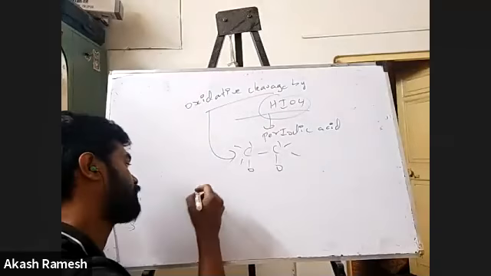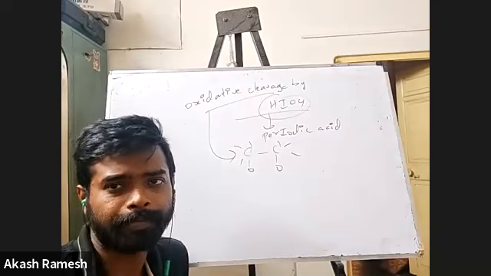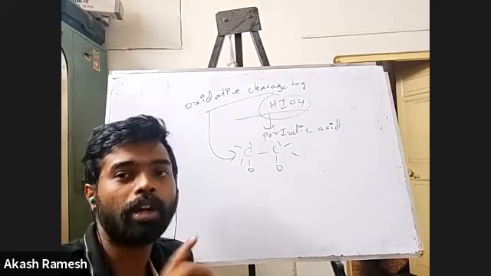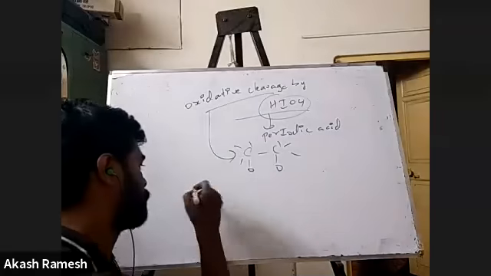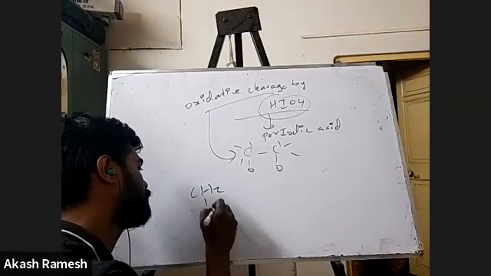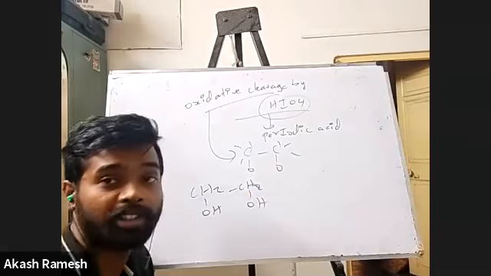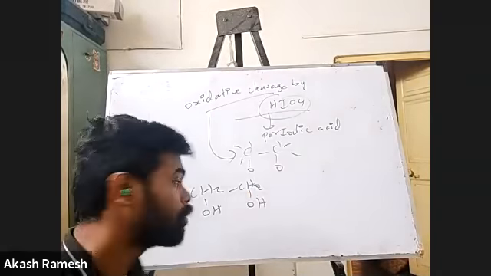Now again the mechanism is going to be a little tricky. We are not going to look into the mechanism, but what I'm going to give you is a shortcut. So this is the shortcut you have to remember. I have, for example, CH2OH, CH2OH. Now you see there are two adjacent carbon atoms attached to oxygen atoms.